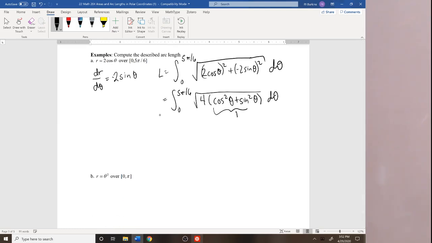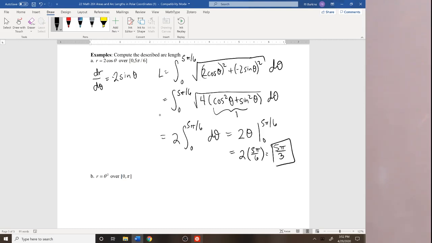That's just 1. So you're left with the square root of 4, and that's 2. So you get 2 integral 0 to 5 pi over 6 d theta. And that's just 2 times theta, 0 to 5 pi over 6. Just that. Super easy.